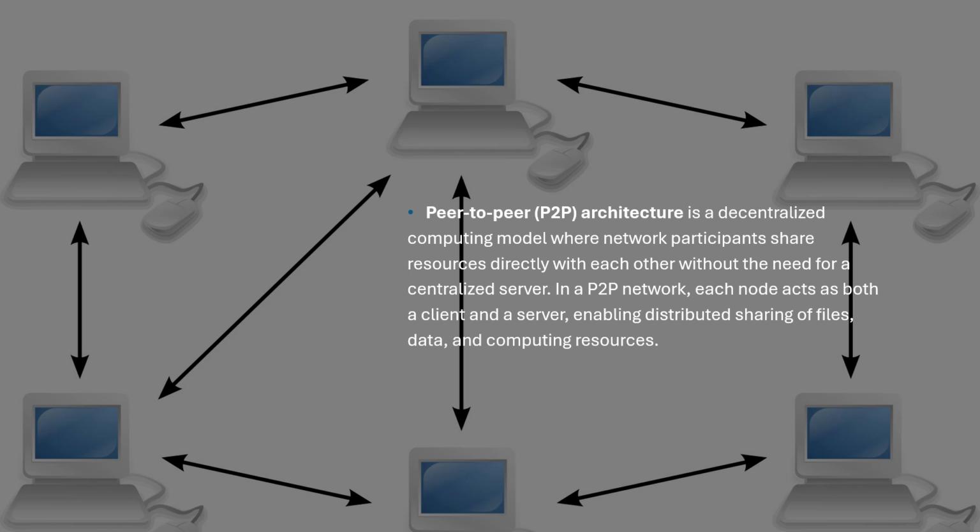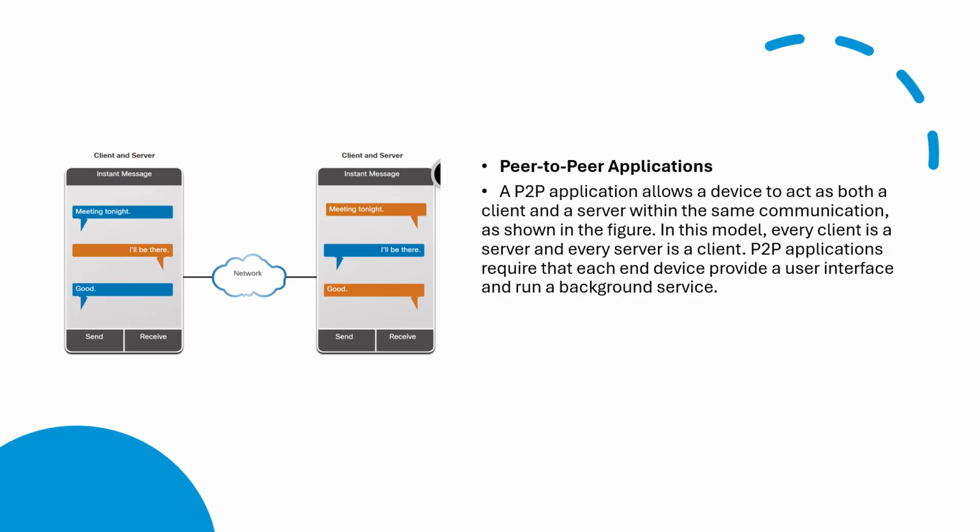They are just connected to each other without any centralized server. It is a peer-to-peer application. In this model, every client is a server and every server is a client. Chatting apps can be an example of it.